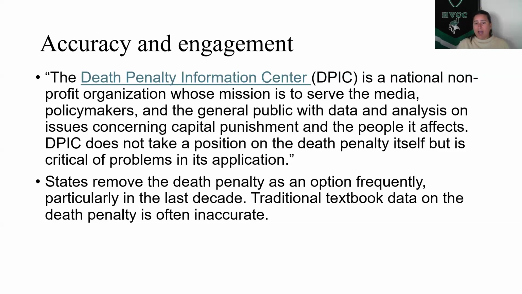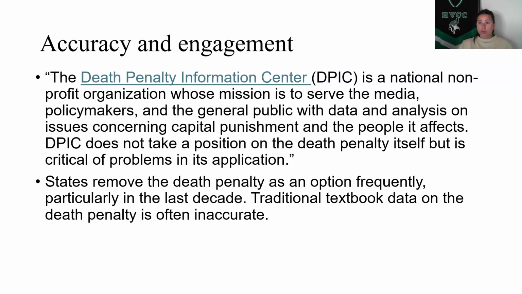And so one example of that is death penalty information. In a traditional text, they'll have an overview, a history of the death penalty. They'll highlight some Supreme Court cases related to the death penalty, which you can replicate very easily with OER. And then they'll discuss how the death penalty is used today.